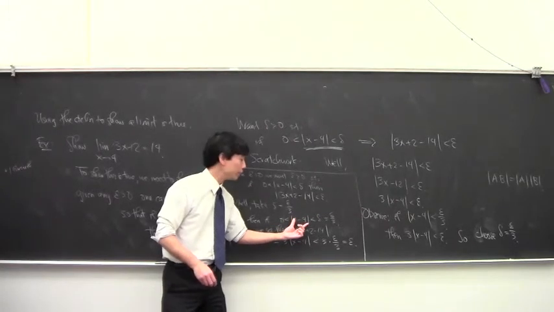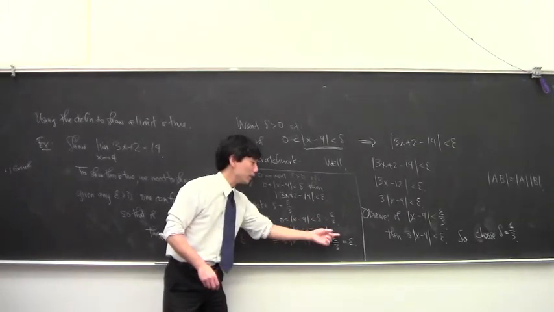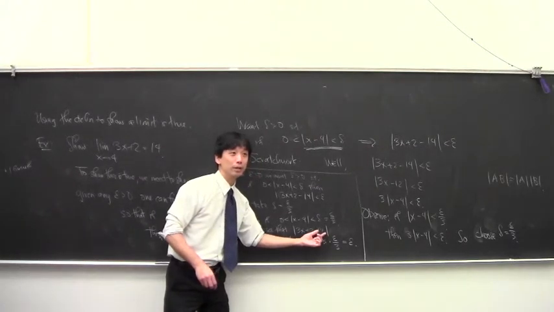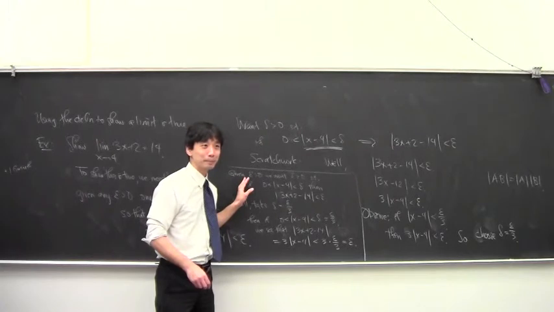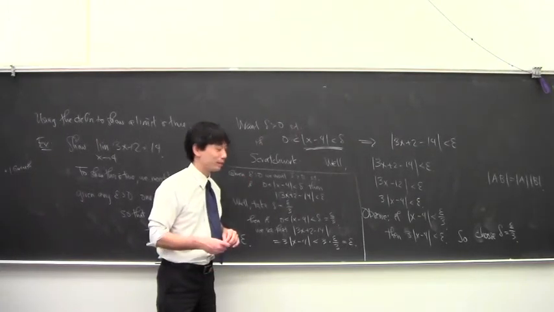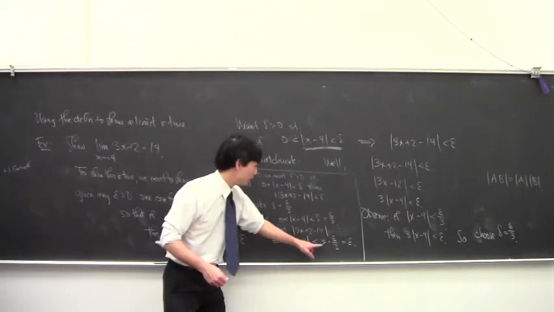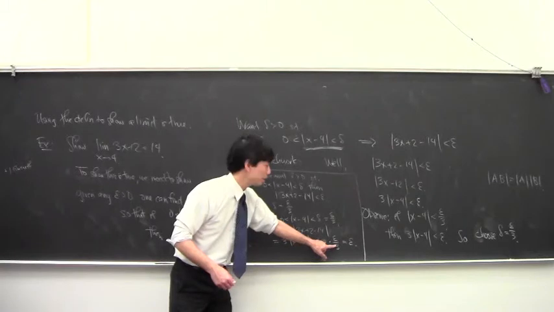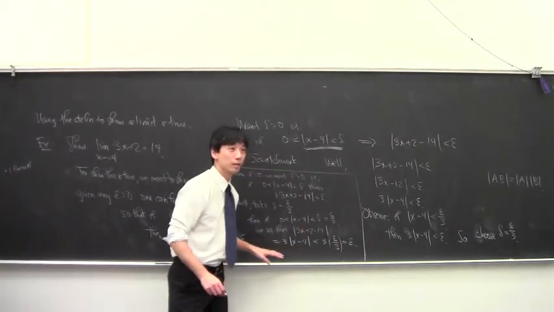It's the distance such that if x is within that distance of c, then f of x is within epsilon of L. Should the absolute value of x minus 4 be less than epsilon? Less than 3 times epsilon over 3, which is epsilon.